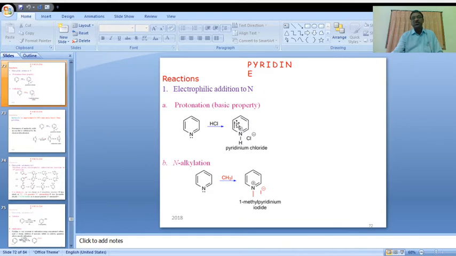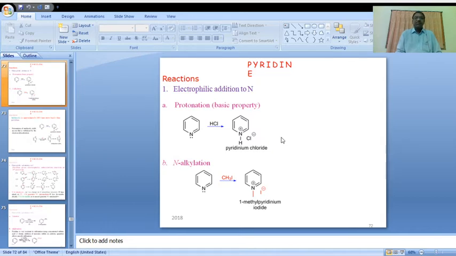This is called pyridinium chloride. This reaction is very important to represent its basic property.